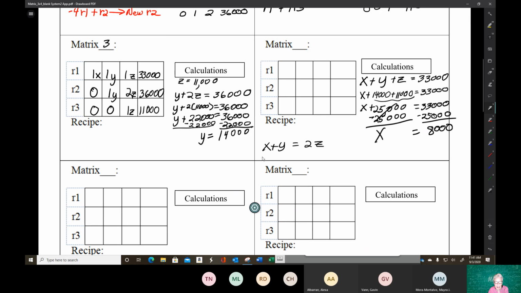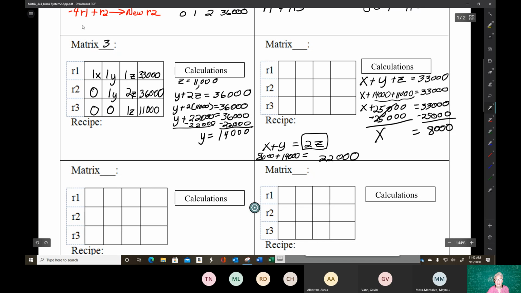Let's see. 8,000 plus 14,000 equals, okay, these guys equal 22,000, and that is 2 times Z. So at least for the way I translated the problem, I've got it right.